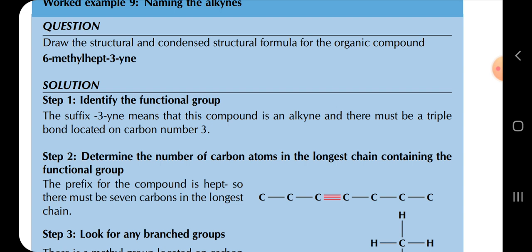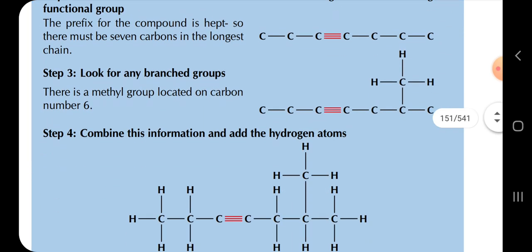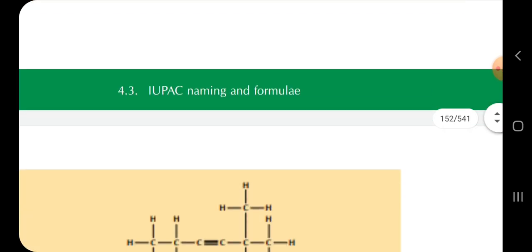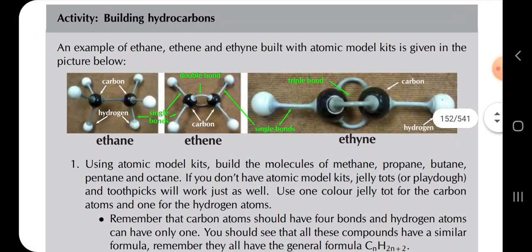That 3 indicates that the functional group is on the 3rd carbon, and then ane, okay, this is an alkane, and then that hept means that we have 7 carbons, but they're not going to test you on that now. They've just ended it on 6, so we can just let go of that.